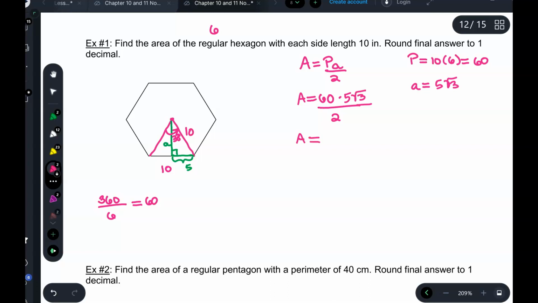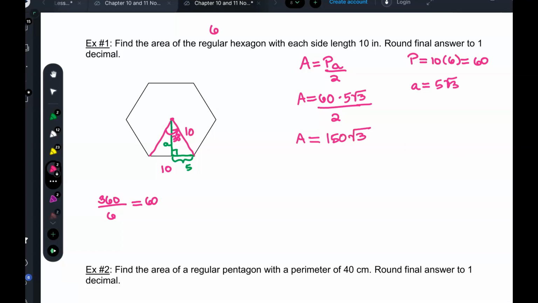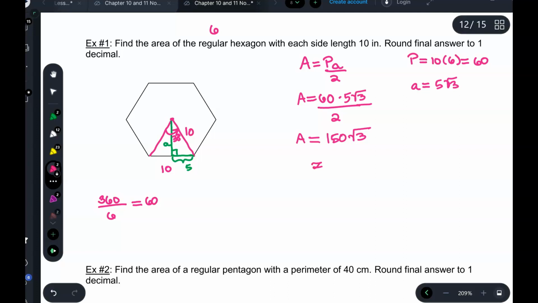So now what do we get? A equals 30, and we use our calculator. 300 root 3, and then 300 divided by 2 is 150. Let's put that in the calculator, since we're rounding the final answer to 1 decimal place.